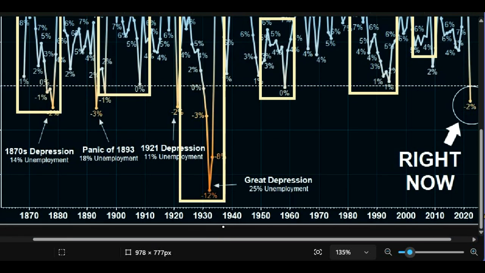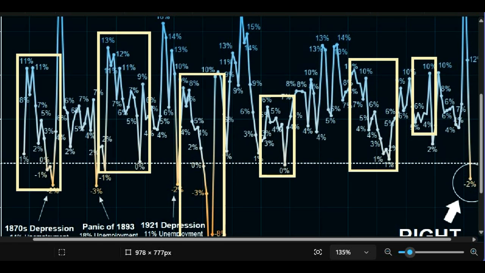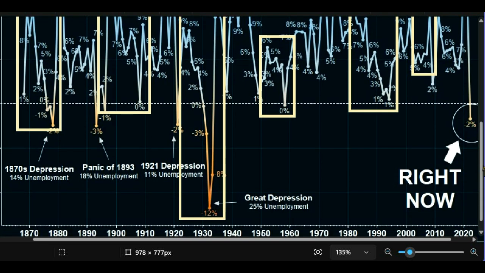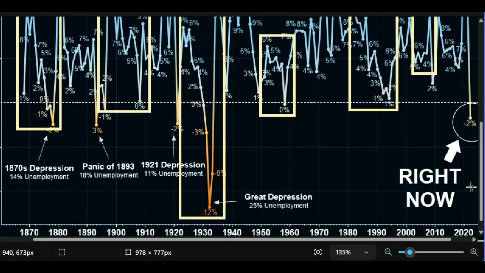Okay, and we're going back down to 1870. That's a long time. Again, there's a growth fractal here. There's a growth fractal here. There's a growth fractal here. There's a growth fractal here. There's a growth fractal here.